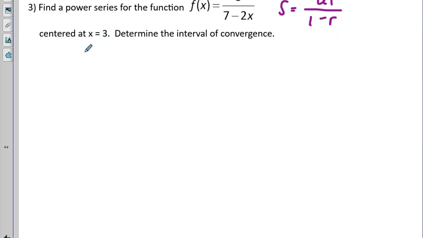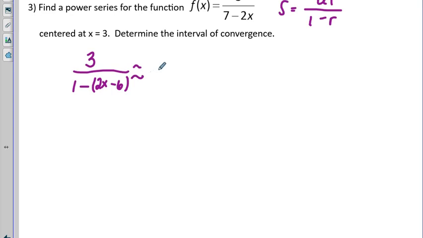There's always more than one way to do this. I'm going to show you the way I was thinking of, and then if you have another way, feel free. So I'm going to rewrite this as 1 minus, and I'm just going to figure out what needs to go in parentheses here so the whole thing becomes 7 minus 2x. I'm going to make it be a positive 2x, and then if I make this a -6, the whole thing will become a positive 7.